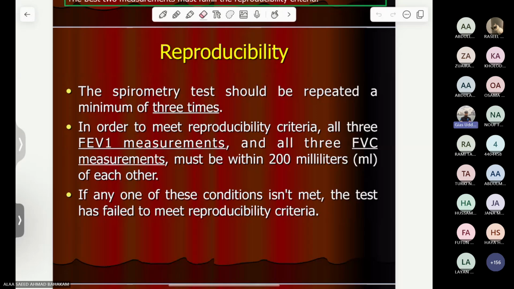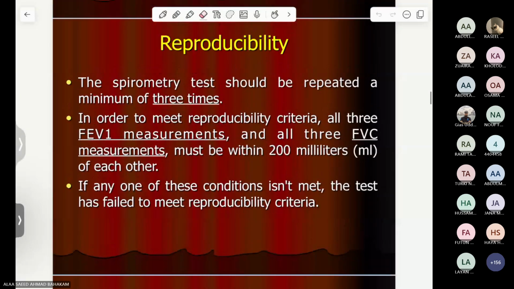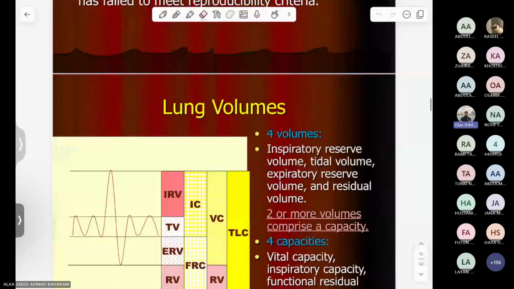So if one FVC is 5 liters and the next one is 6 liters and the third one is 7 liters, this is not reproducible. It has to be within 200 milliliters. So if one is 5 liters, the next one could be 5.2 liters, the third one could be 4.8 liters. That's about it. If any of these conditions is not met, the test has failed to meet the reproducibility criteria. Okay, is it clear? All right, so reproducibility we know. So go to the next one.